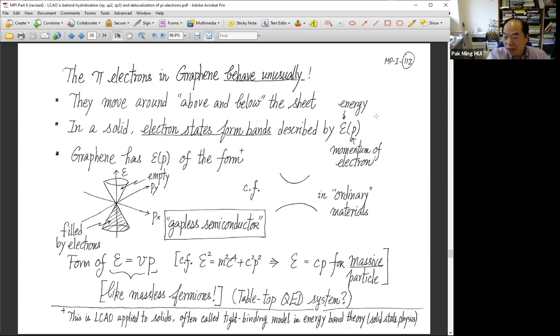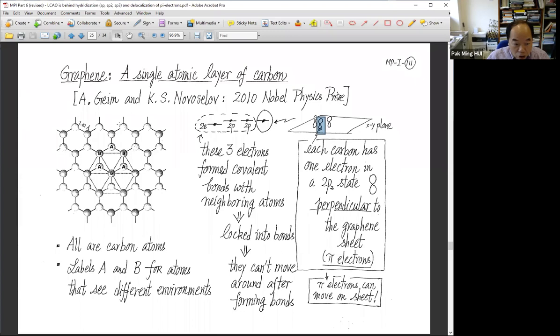That can be calculated through solid state physics, and experimentally, many works have been done on that. So this pz electron, they are living in a periodic structure. Now, this repeats and repeats. So this is a periodic structure.